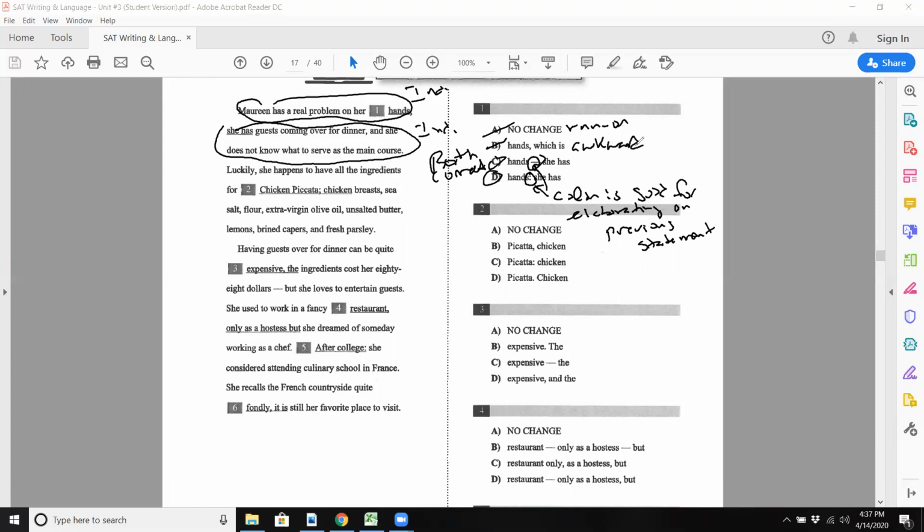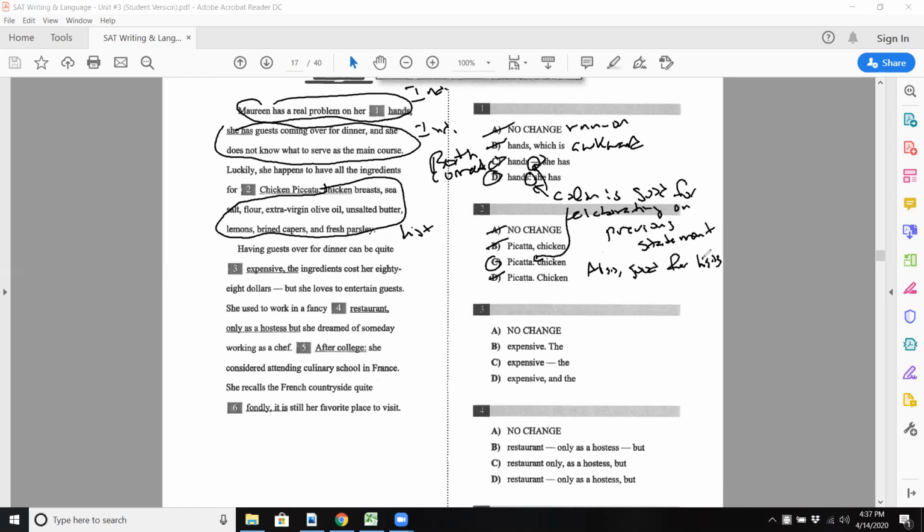Luckily, she happens to have all the ingredients for chicken piccata. And then that's a list. You definitely want a colon there for that. It's also good for lists.